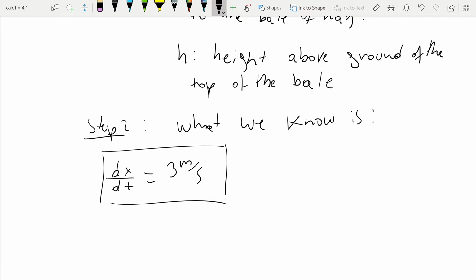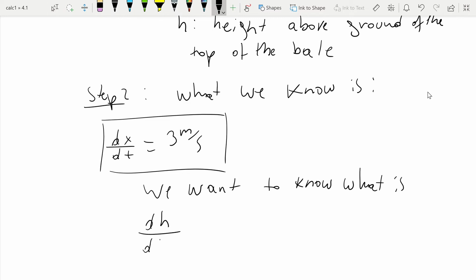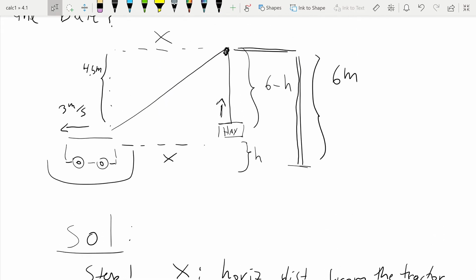So what do we want here? In terms of these variables, we want to know what is dh/dt, where h is the height. The height here is increasing.